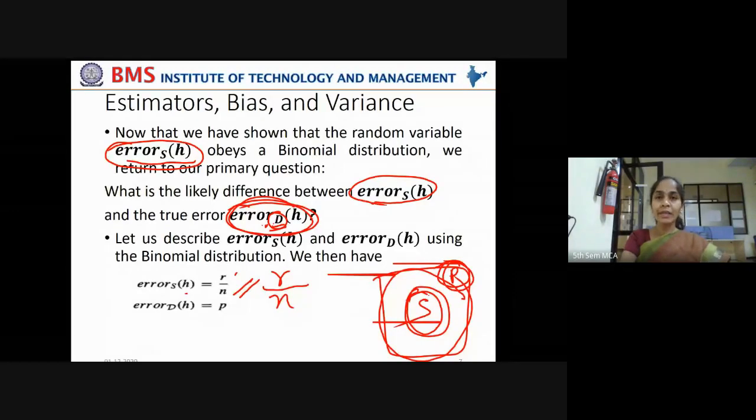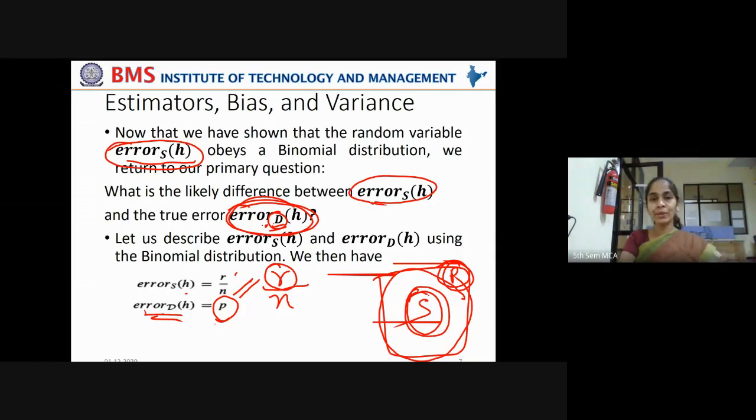And if you take a new instance and pass it on to the machine learning model, what is the probability of that instance being predicted wrongly? That is P, which is called the true error. I'm repeating again, listen carefully. If from a sample of n data points there are R wrong predictions made, in that case, the sample error is R by n.